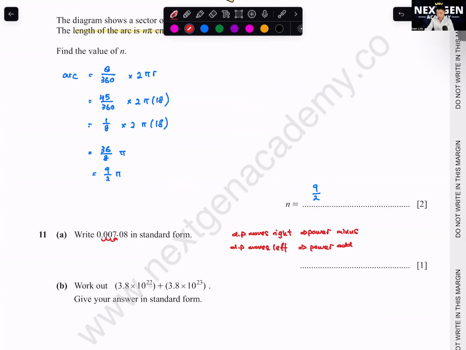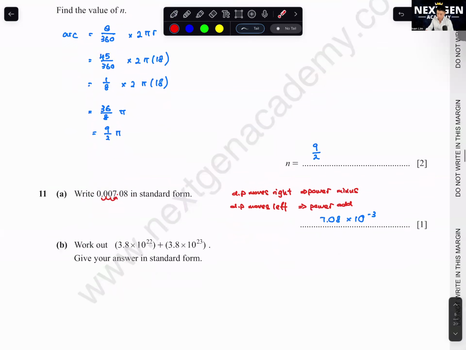The other way around also, if you want to minus your power, then your decimal point moves to the right. You use this as a guideline. It's the opposite because we need to balance it out. So this one, we are moving to the right by 3, means we times 10 to the power of negative 3. This is the answer. If unsure, just go and multiply again, you see whether it's the same value or not. But this is normally the guideline that I use.